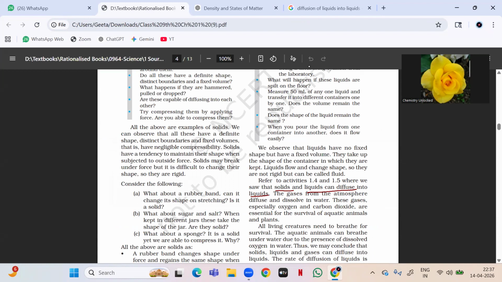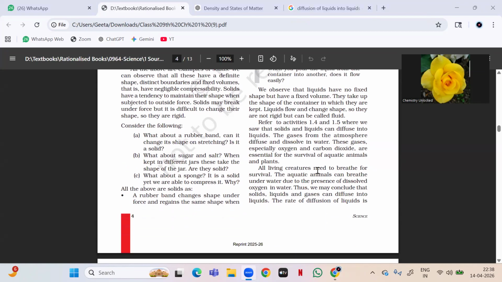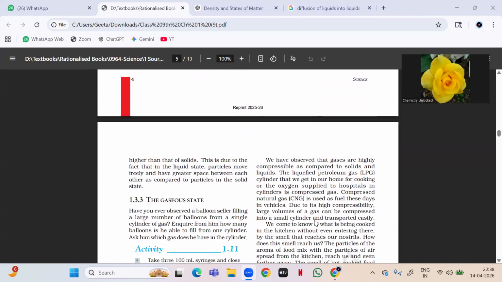This is the takeaway from these activities till now. Because gases are also able to diffuse in water, living creatures and aquatic plants depend upon dissolved oxygen and dissolved carbon dioxide.